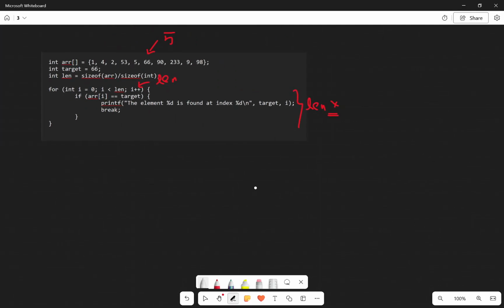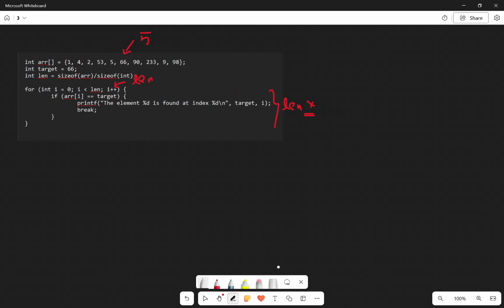So same thing applies to this as well. This is a linear search algorithm, the same thing we did to find the book. Let's clear off this. So instead of finding the book, we look for a number. The best case could be, instead of 66, this is 1. If this was 1 instead of 66, that's the best case.